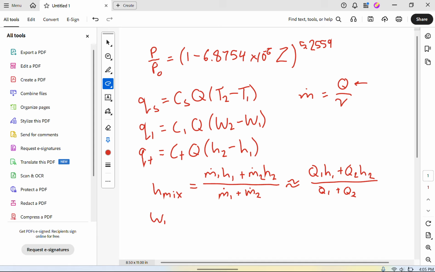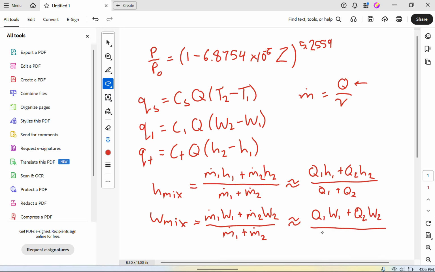And the same goes for W. So this would just be M1 W1 plus M2 W2 over M1 plus M2. And that again is approximately equal to the same equation, but with our volumetric flow rates: Q1 W1 plus Q2 W2 over Q1 plus Q2.